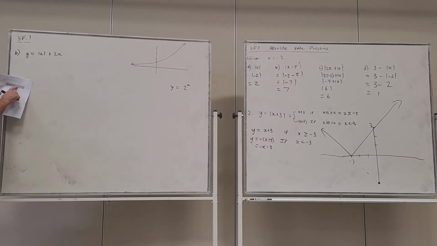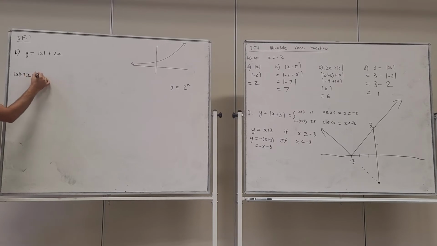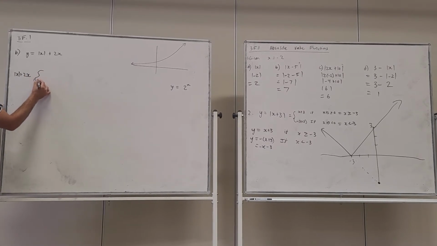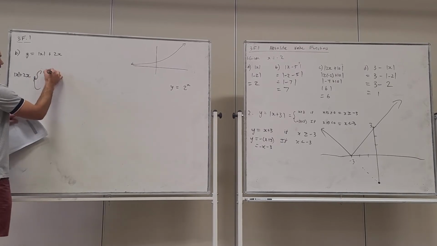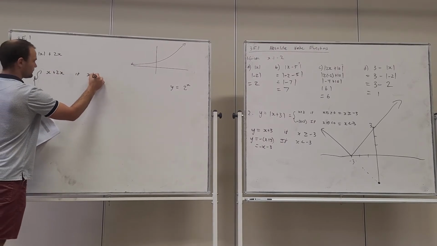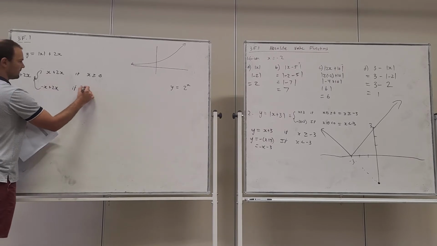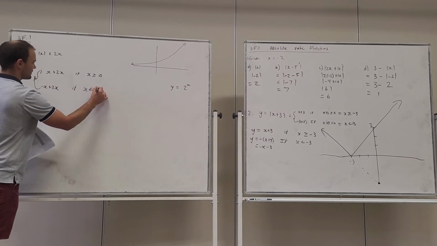So if we have the modulus of x plus 2x, it's going to be x plus 2x if x is greater than 0, and it's going to be minus x plus 2x if x is less than 0.